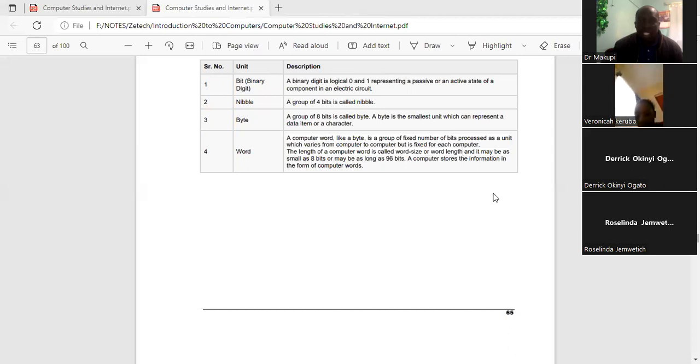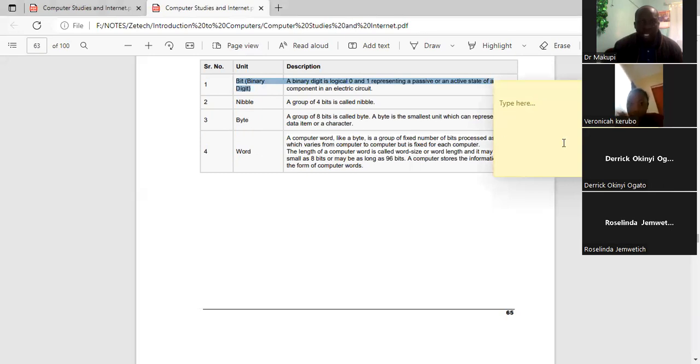So anything ranging from 8 to 96 bits forms something known as a computer word, or what we say word size. So I hope we have understood from bit, which is 1 or 0, nibble, which is actually a group of 4 bits, then byte, which is 8 bits, word, which is 8 to 96.